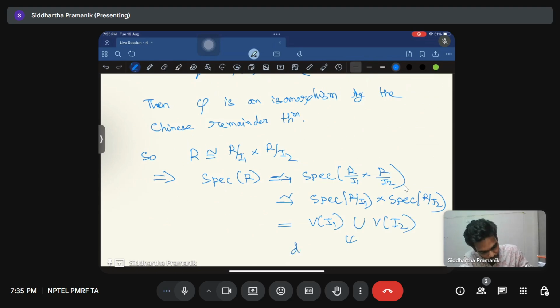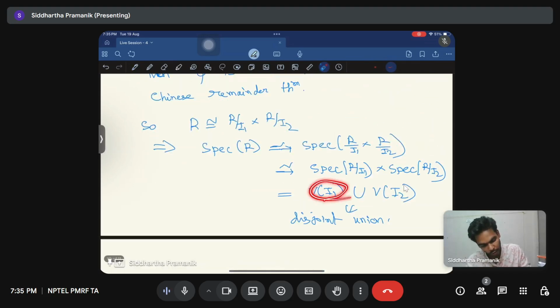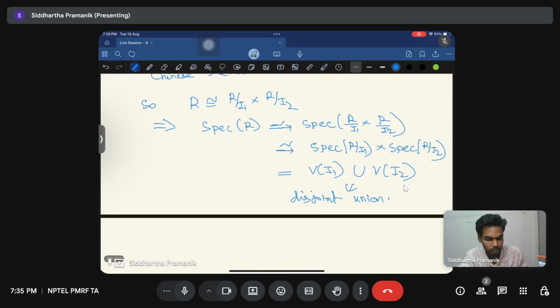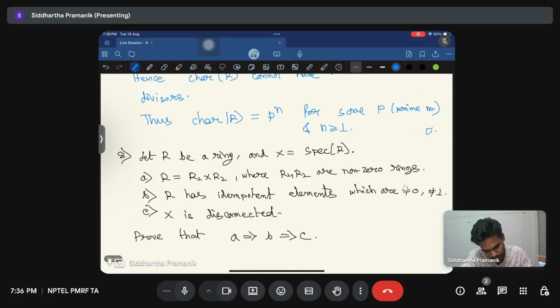So the prime spectrum of R is, you can check, a disjoint union of non-empty proper closed subsets. So this topological space has to be disconnected. So we have proved B implies C.